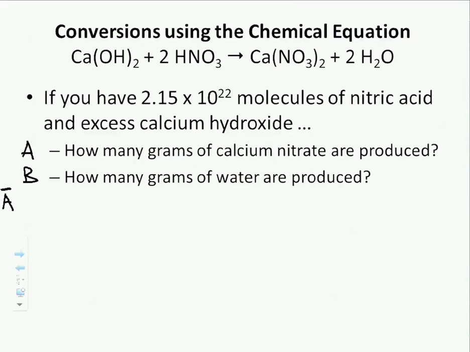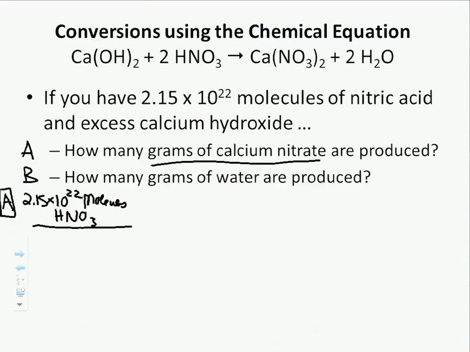So for A, we have 2.15 times 10 to the 22nd molecules of HNO3. And we need to get that all the way to grams of calcium nitrate. So we convert from molecules to moles by Avogadro's number.